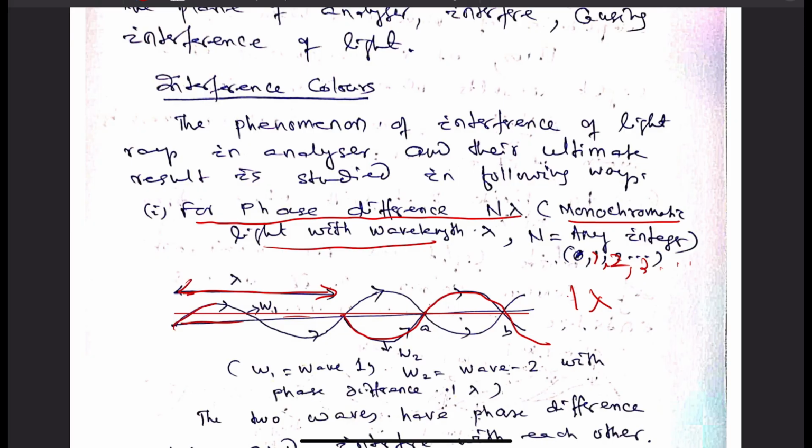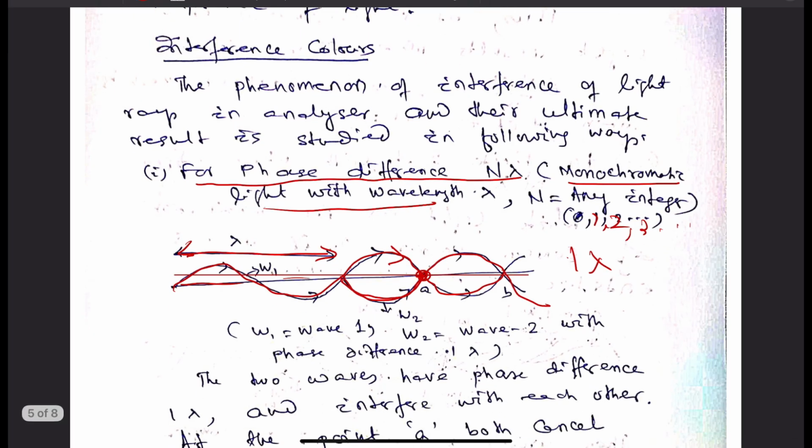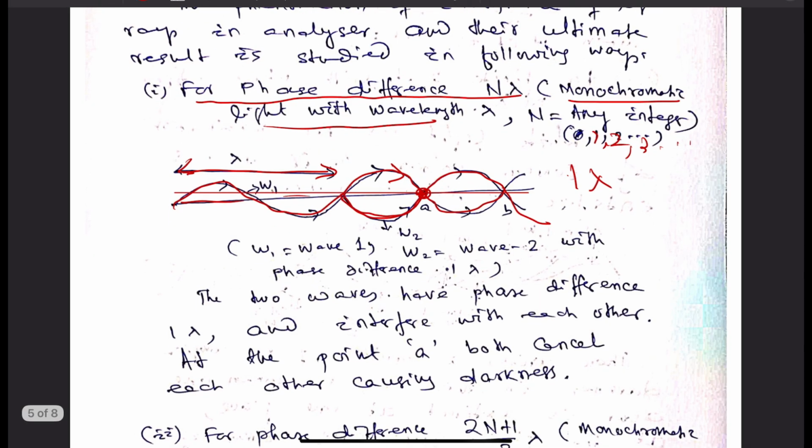So in this condition what happens? This ray passes like this. When this ray is vibrating up, this one is vibrating down. Both will cancel each other. There will be darkness. This wave will become extinct at the point A. So this is a case of cancellation of each other.